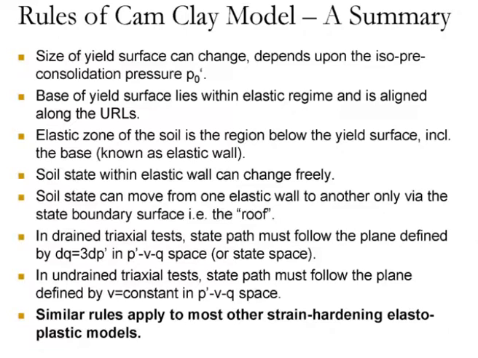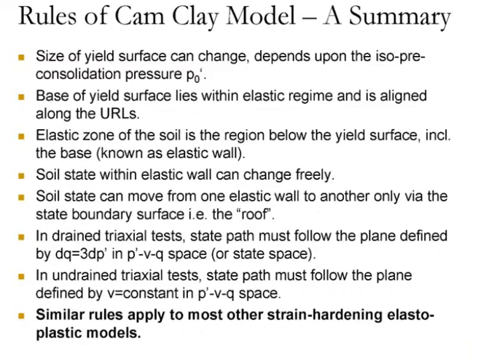Okay, so basically, this is where we are. Now we're going to go forward from there. In a drained triaxial test, the stress path must follow a plane defined by dq over dp prime equals 3. Now what do we mean by that? Let me just orientate you back to this. This is the model.